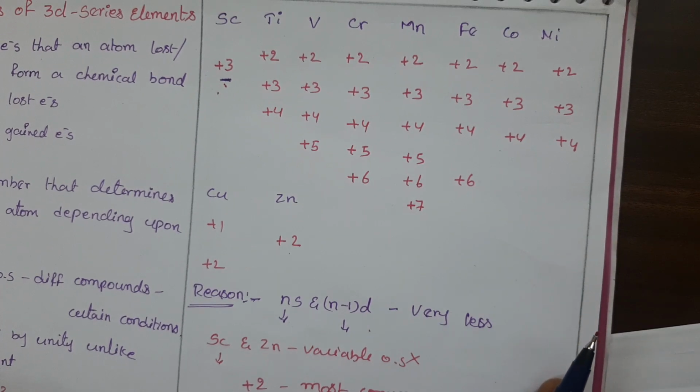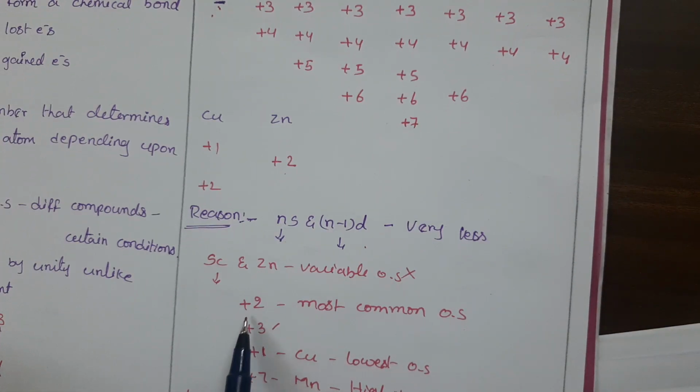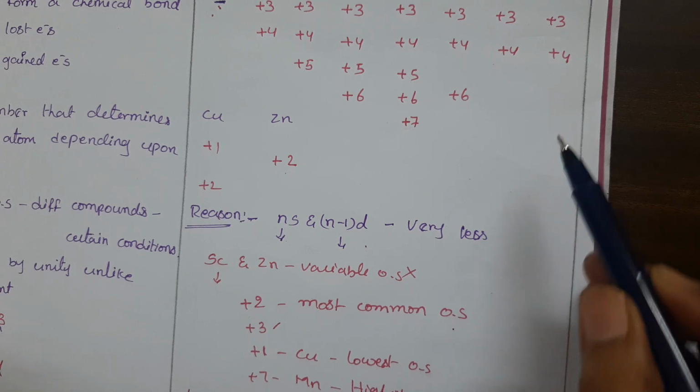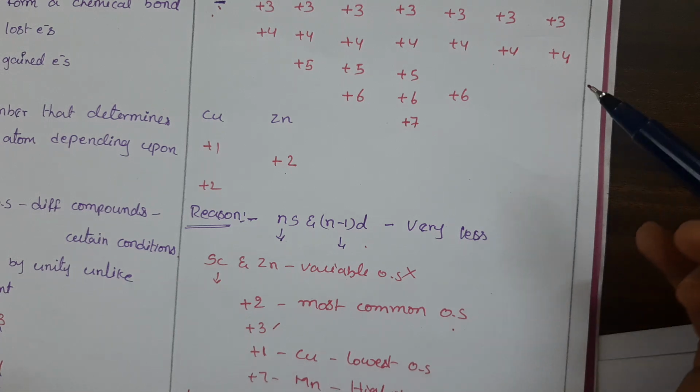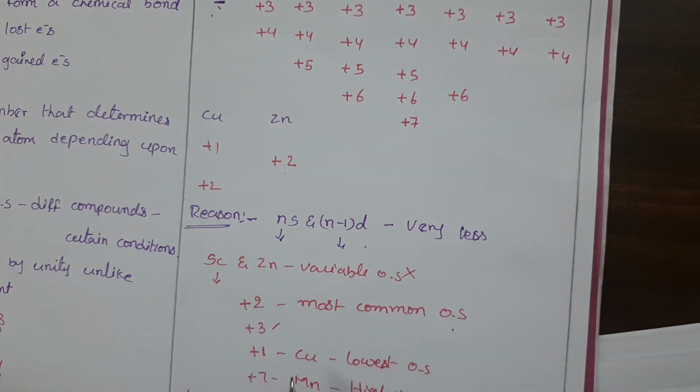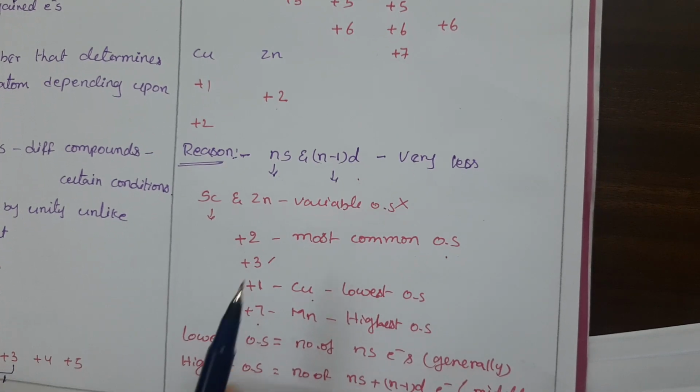That's why they show variable oxidation states like this. Plus 2 is a common oxidation state of the 3D series, and the next common oxidation state is plus 3. Plus 1 is the lowest oxidation state shown by the 3D series elements, and the element is copper. And plus 7 is the maximum or highest oxidation state shown by manganese.